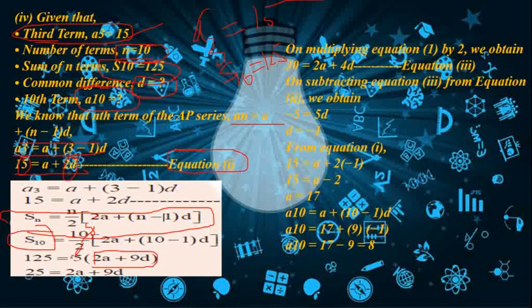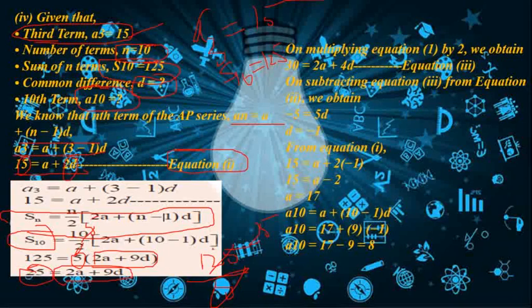Now transpose 5 to the left side, that is 125 by 5. What is the value? We get 25 will be equal to 2a plus 9d.